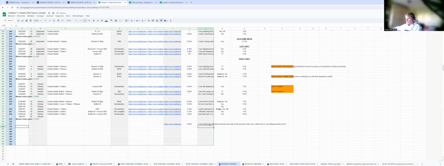So this was the reason: I was emotionally attached to the previous step of that previous structure. That's why I didn't take it, I was talking myself out of it. Yes, so this was the reason I could take this.